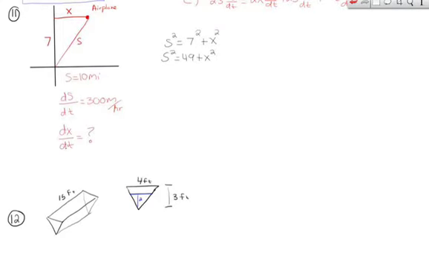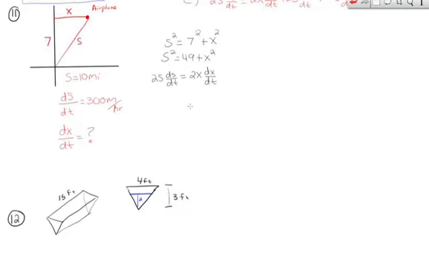So if I want to know about dx dt, and I know ds dt, then the derivative with respect to time seems appropriate. Taking the derivative of s squared gives me 2s ds dt equals the derivative of 49, which is 0, because 49 isn't changing, so its rate of change is nothing. And the derivative of x squared is 2x dx dt.